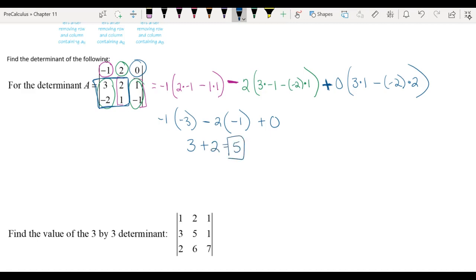So the determinant of that would be 5. So this first one, I know it's a negative one, but you leave your first one alone. Your second one, you change your sign. The third one, you leave it alone. So it always alternates between leaving it alone, opposite sign, leaving it alone, opposite sign.